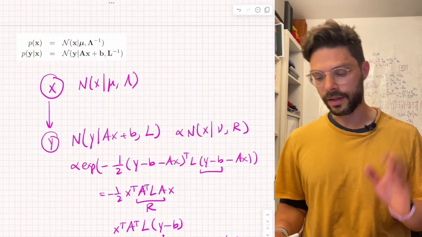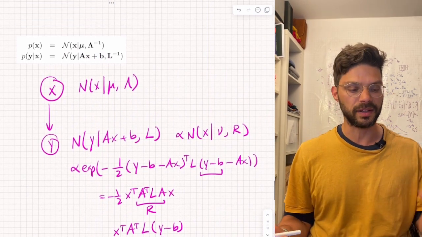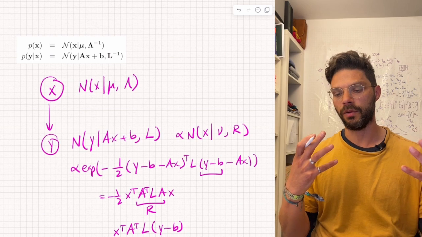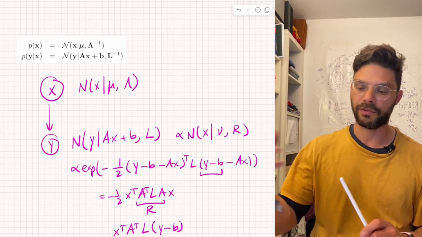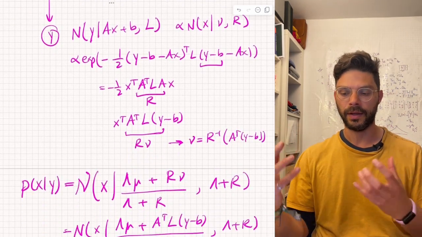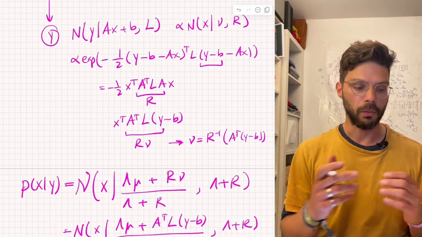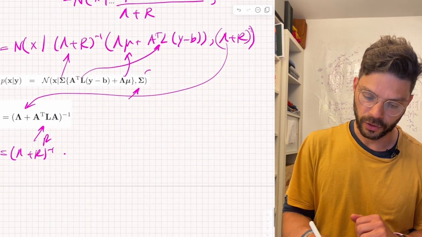So I don't know how helpful that was, but the point of it is that this expression, you can think of it as combining information from two sources, the prior and the likelihood, and it makes sense, right? You just express those in terms of x, and then you're back in the situation of doing the precision-weighted mean and adding up the precisions, which is where these expressions come from.